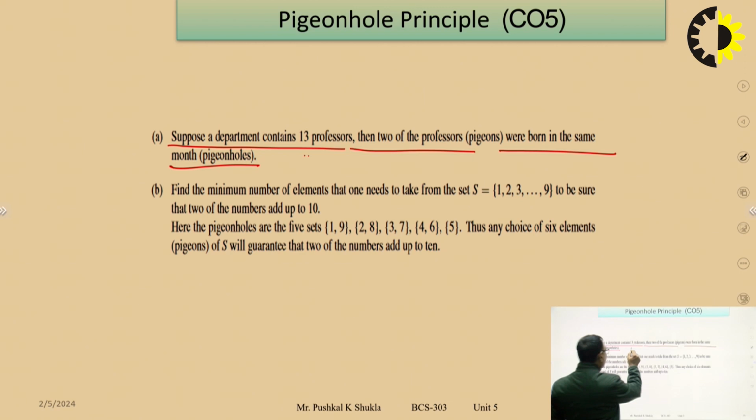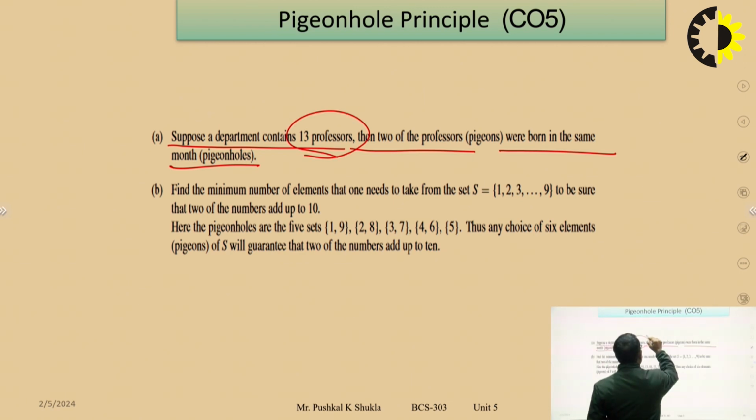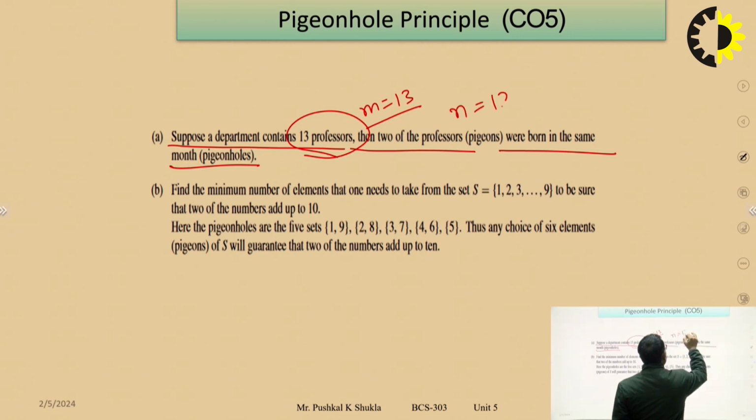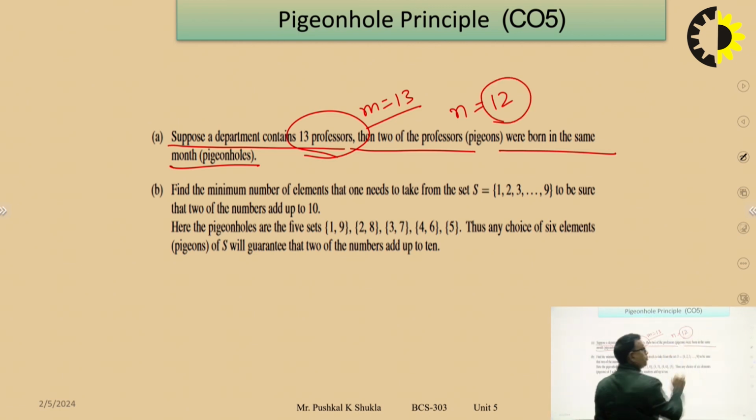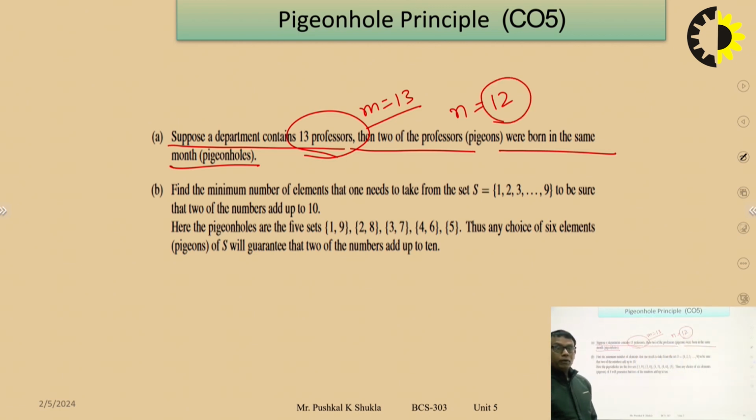So 13 professors are there. These are the pigeons, m equal to 13. And the pigeonholes are n, that is, in a year there are 12 months. So n will be 12. 12 is considered as the pigeonholes.